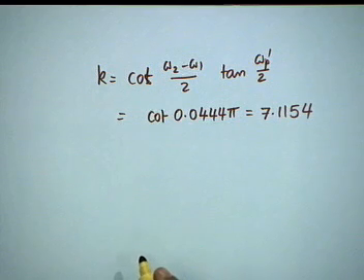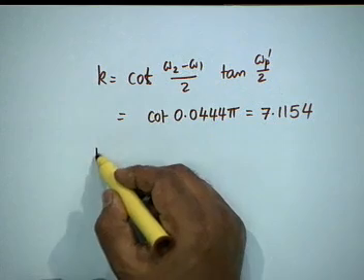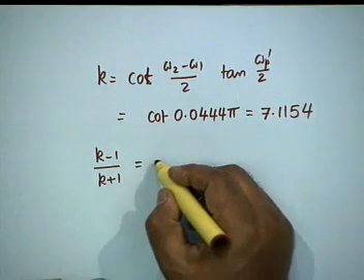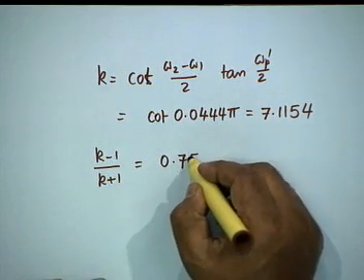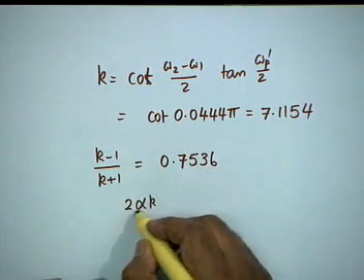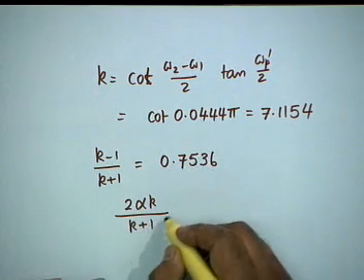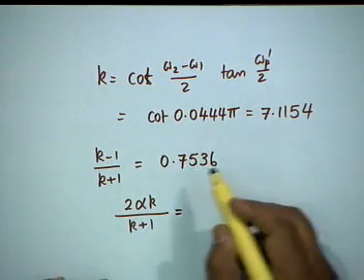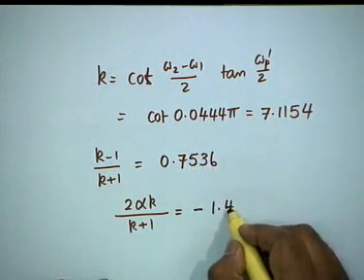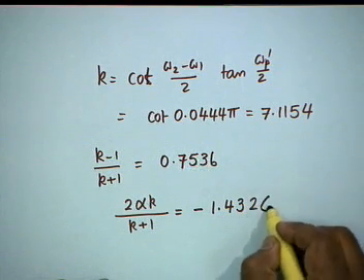After you do this, the next step would be to calculate those constants, the coefficients. One of them is (k minus 1) by (k plus 1), and that calculates as 0.7536, and the other is twice alpha k divided by (k plus 1), this comes as minus 1.4326.